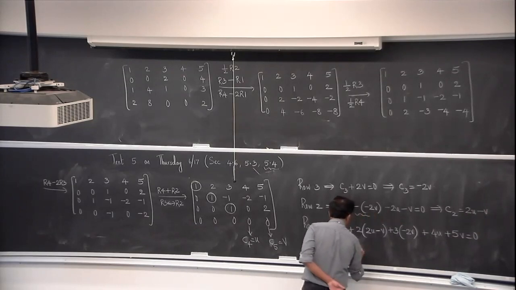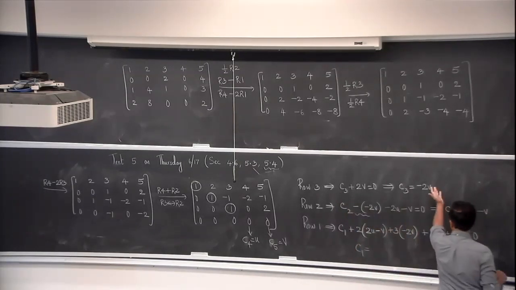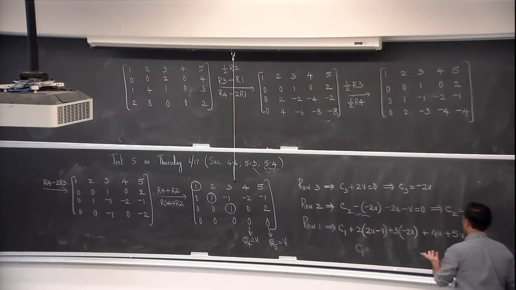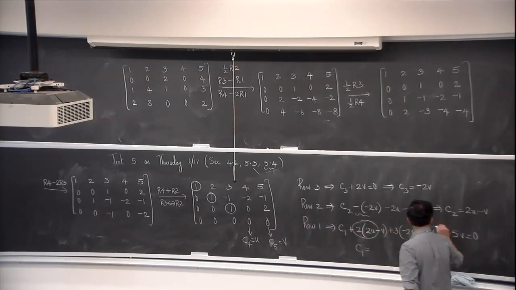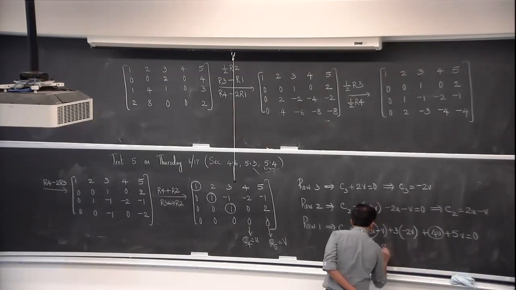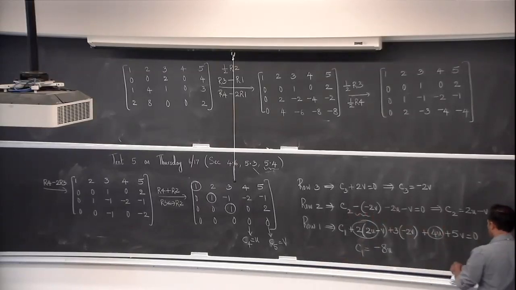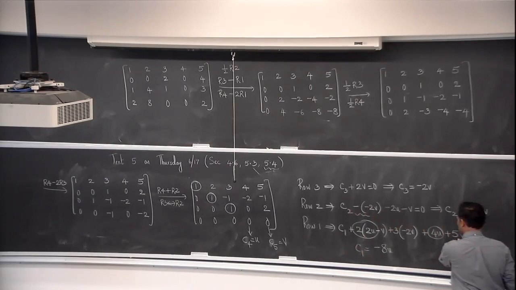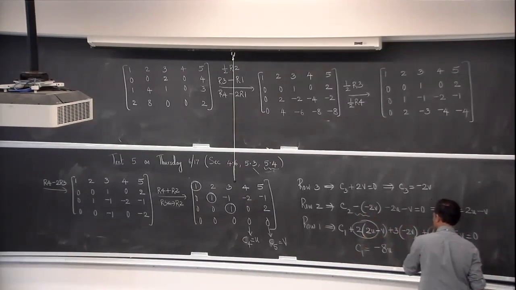So C1, we're just doing Gaussian elimination backwards. So first we got C3, then C2, now C1. And C1 is, you have a 4u here, a 4u there. That's going to be -8u on the other side. And then you have some v terms. That's 5 minus 6 is -1, minus 2 is -3, becomes a plus 3.